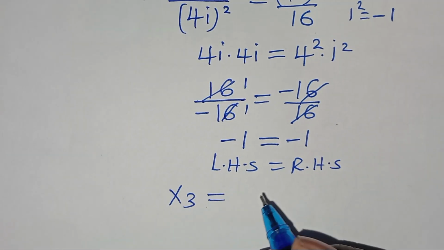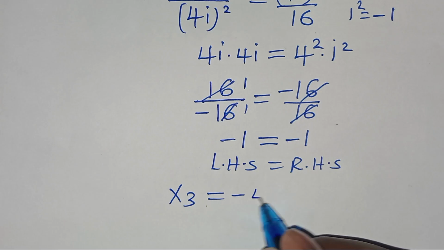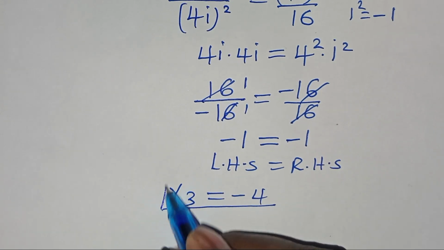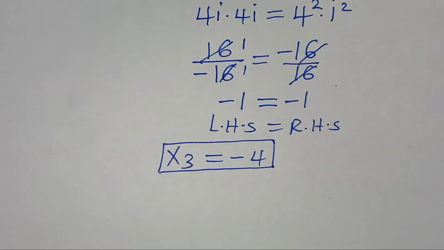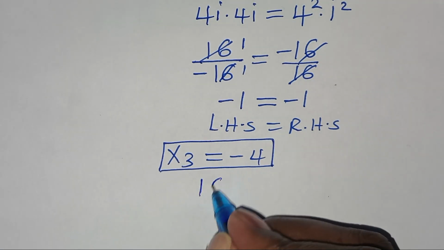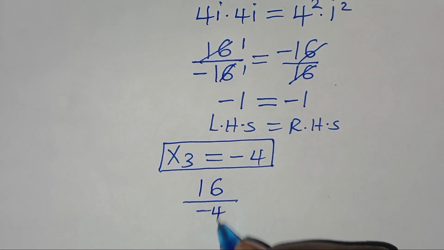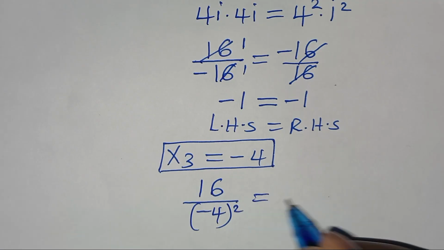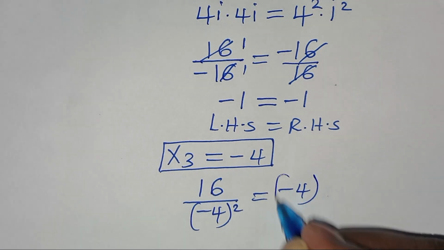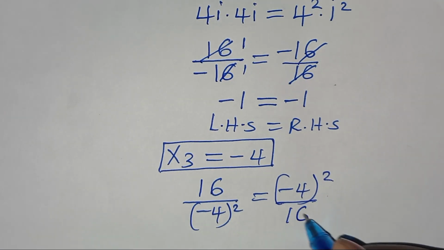Let's proceed to x3. x3 is equal to minus 4. Let's verify this. So this implies that 16 over minus 4 squared is equal to minus 4 squared over 16.